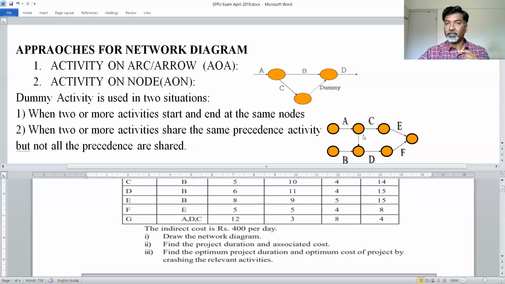To show that, because you cannot say A is an activity having two successors, the first being C and the second being D, you cannot draw two different activities.